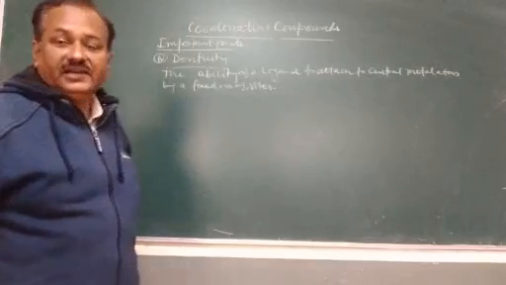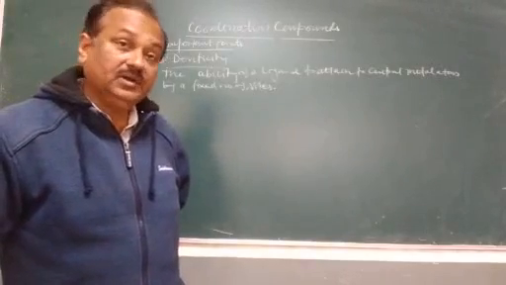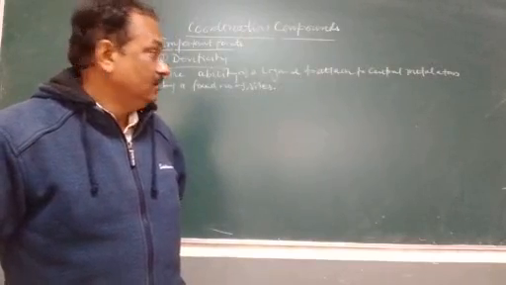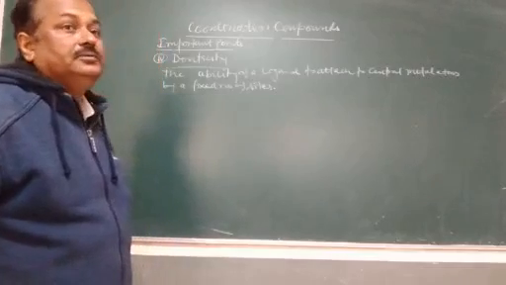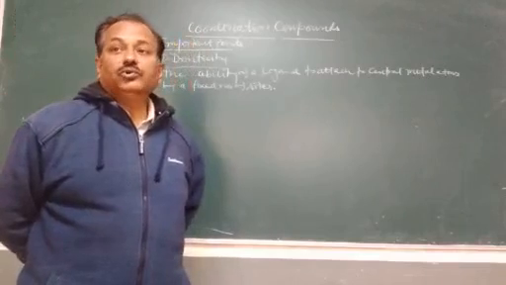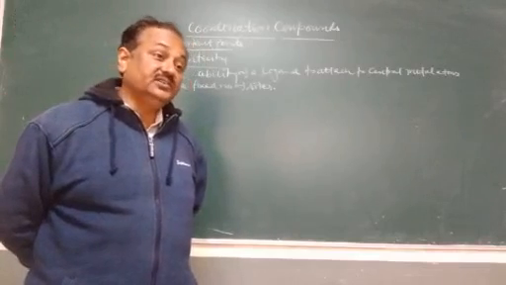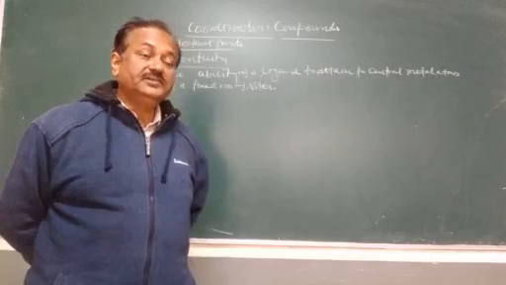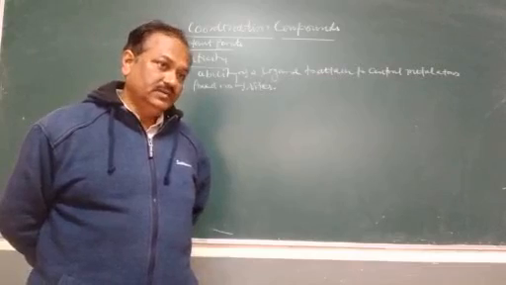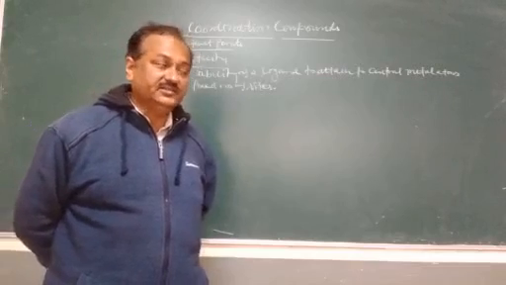So denticity relates to the number of bonding sites a molecule or ion has. If you take monodentate, the denticity is 1. If it is bidentate or didentate, denticity is 2. Is that clear?